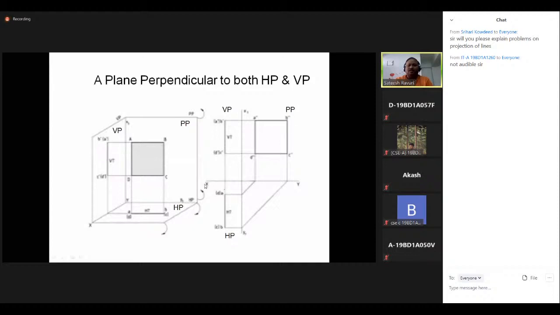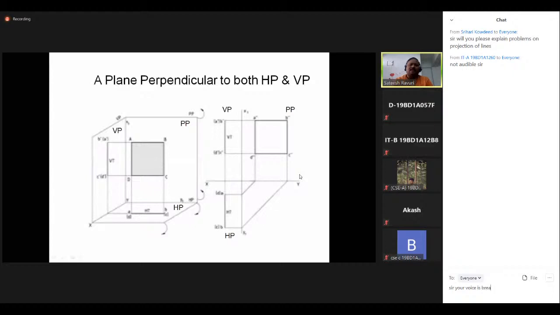So here you have to take two reference lines such as XY, X1, Y1. So XY is reference line, X1, Y1 is line. So here in this, this is what it is representing, vertical plane, and this is horizontal plane, and this is profile plane.